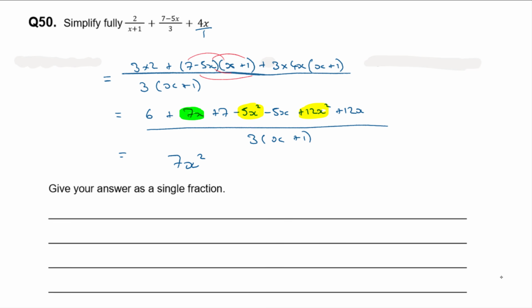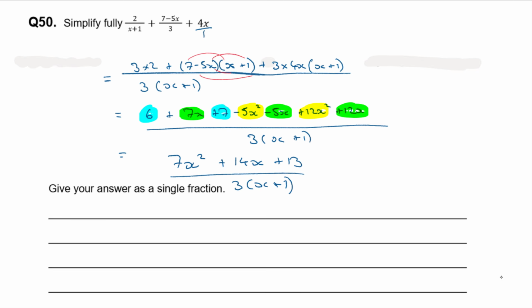I've got a 7x, a minus 5x, and a 12x. So 12 and 7 make 19, take away 5 is 14x, isn't it? So it's going to be 7x squared plus 14x. And then I've got numbers, 6 and 7, which adds up to 13. Okay, so I get 7x squared plus 14x plus 13 all over 3 lots of x plus 1.